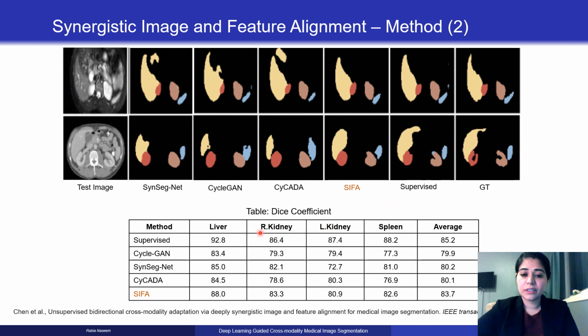The same pattern can be noticed in the dice coefficient values. In case of CIFA, the value of dice in case of all the organs segmented shows better values or higher scores compared to cycle GAN and its variants. On the other hand, when we compare the unsupervised domain adaptation with supervised domain adaptation, the supervised learning methods perform better than the unsupervised domain adaptation.